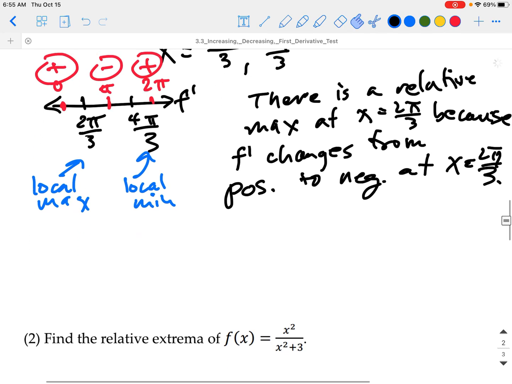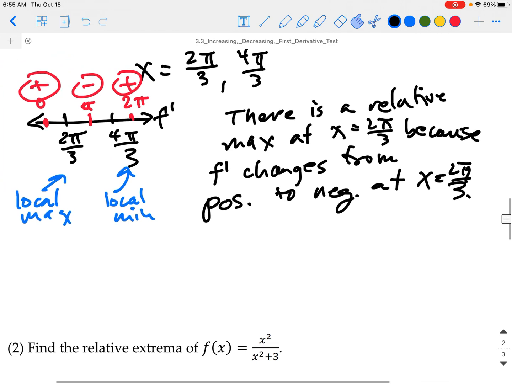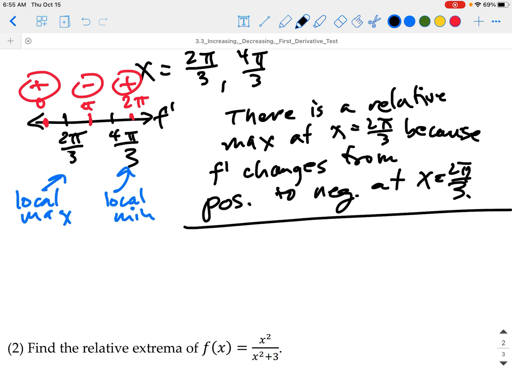Okay. And then for the second one, I'll write a slightly different version of this that might be something that you prefer.